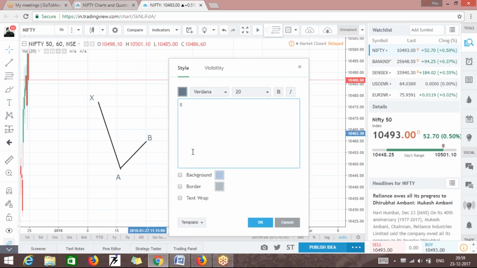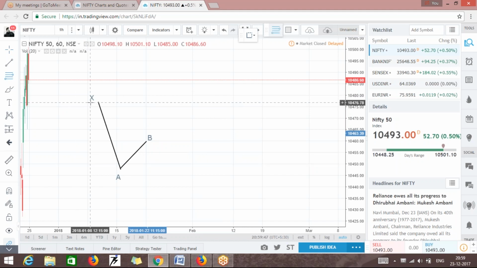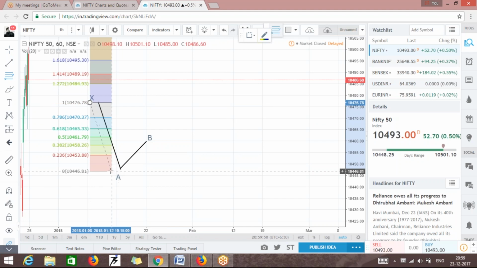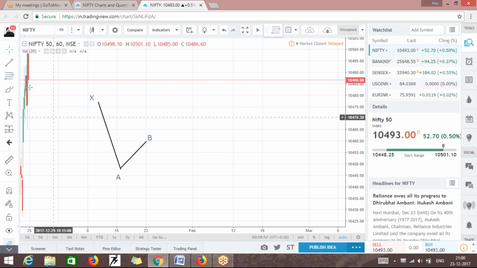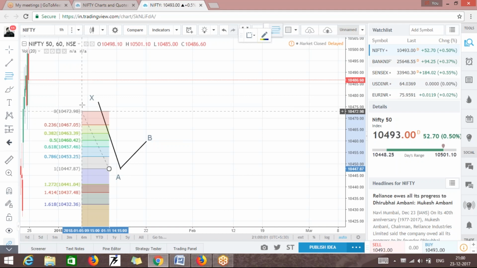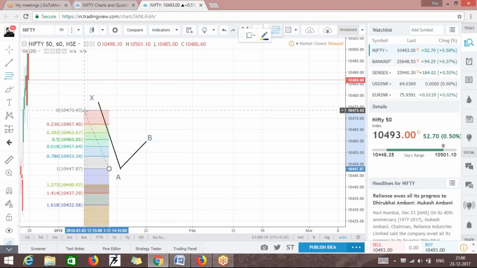Now we will look at the next, that is from B to C. From B to C, it's 0.382 to 0.886 levels. I haven't taken the levels here.